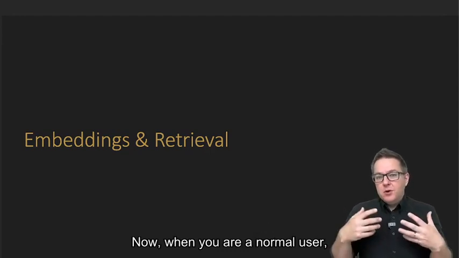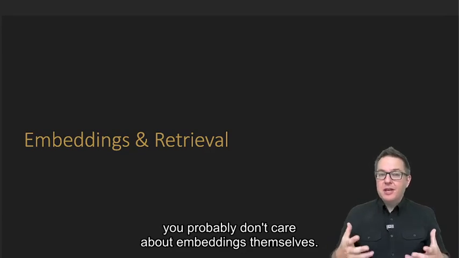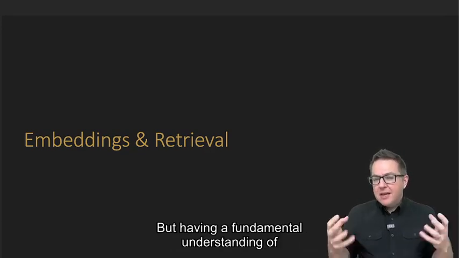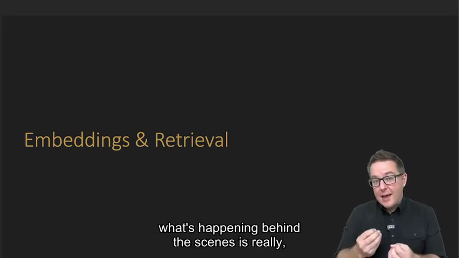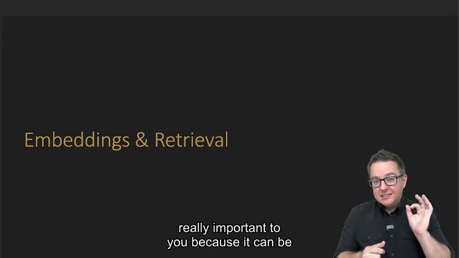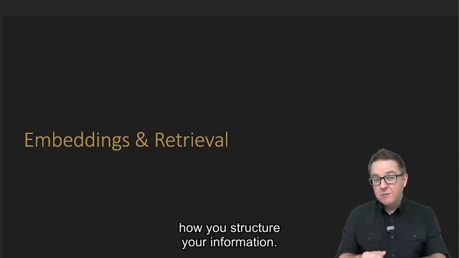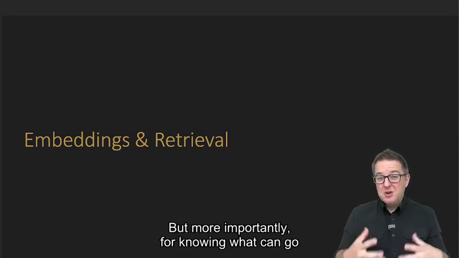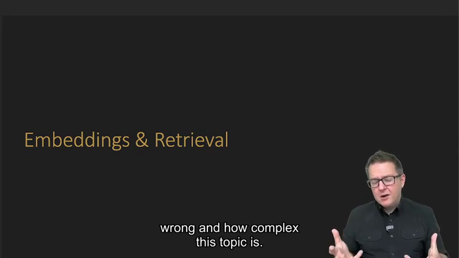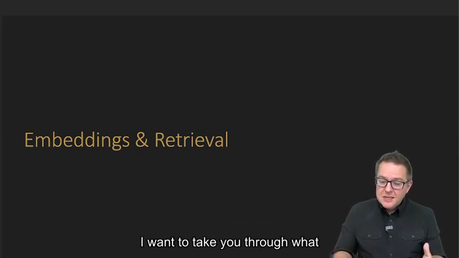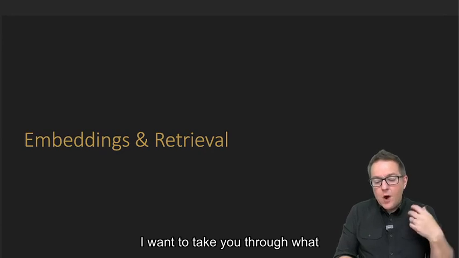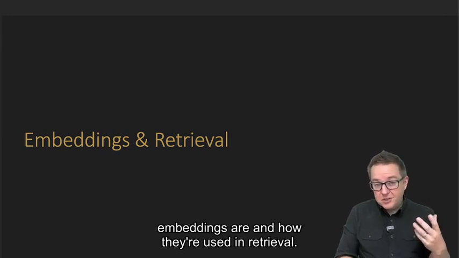When you are a normal user, you probably don't care about embeddings themselves, but having a fundamental understanding of what's happening behind the scenes is really important, because it can be helpful in thinking about how you structure your prompts and your information, but more importantly, for knowing what can go wrong and how complex this topic is. So I want to take you through what embeddings are and how they're used in retrieval.